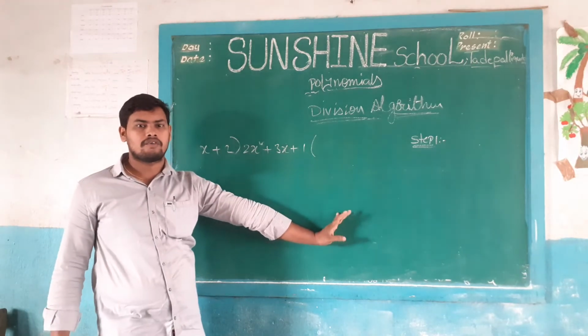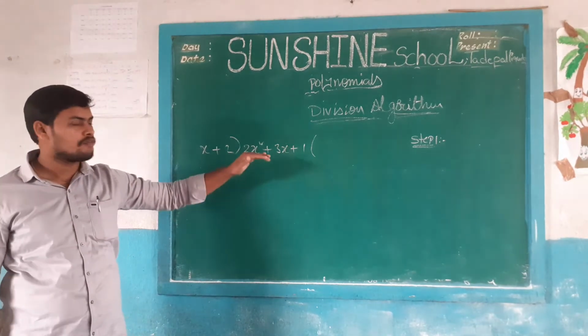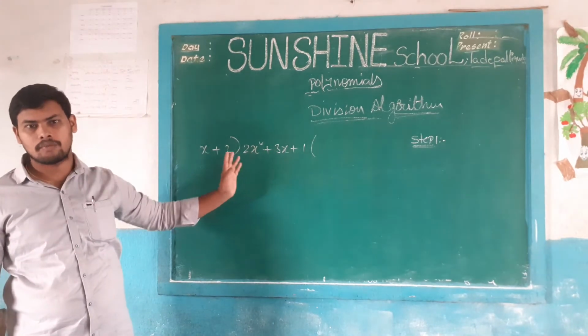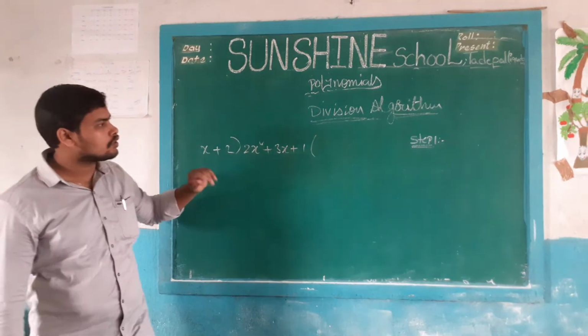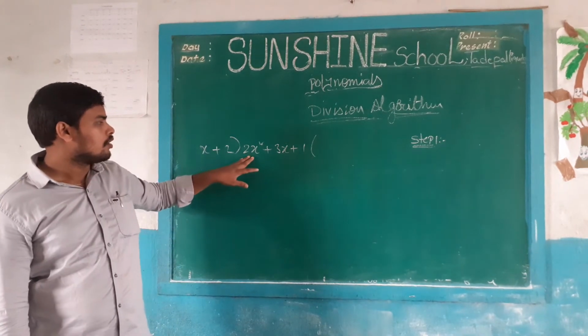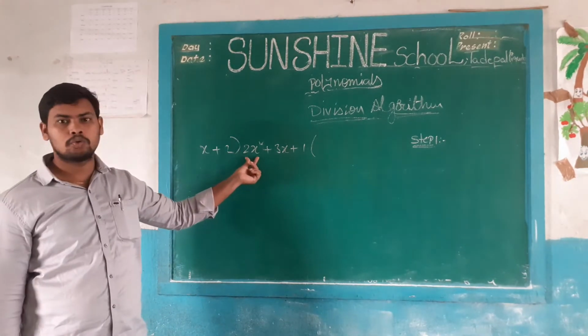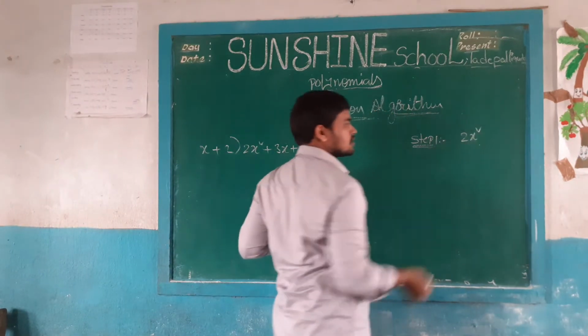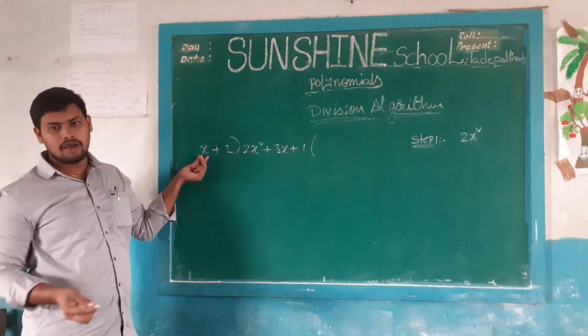That is the order for any polynomial in a division process. This is already in regular polynomial format. So first, what is the value here? 2x square.